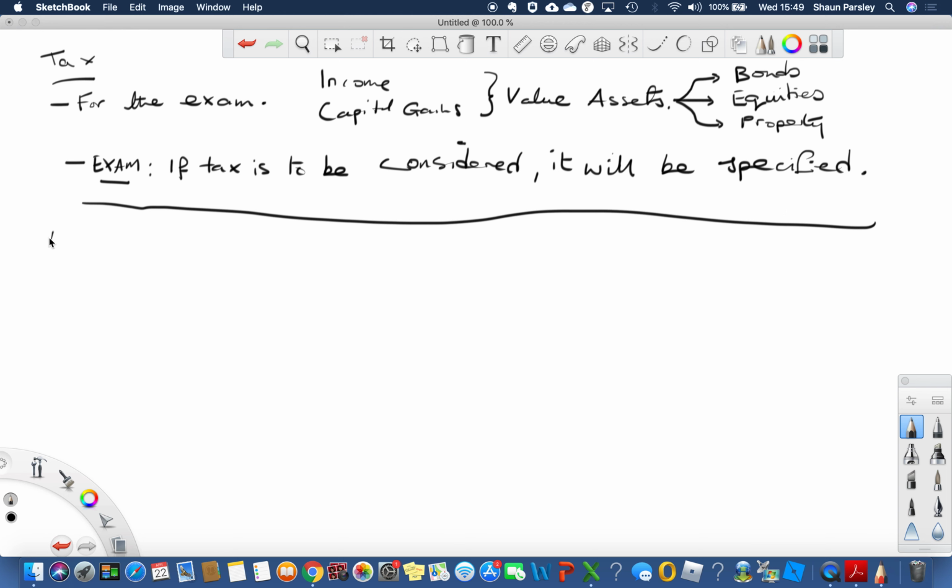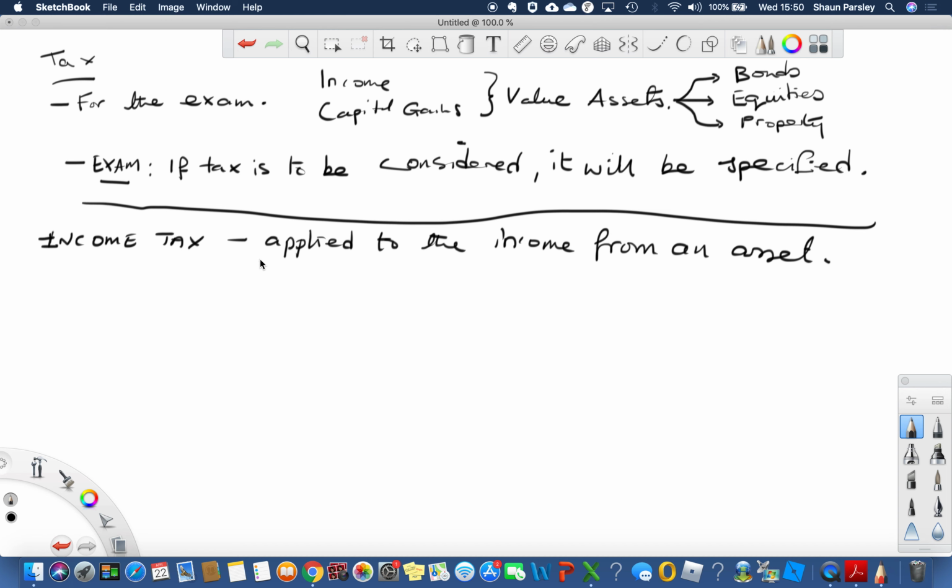Right, income, so income tax. Applied to the income from an asset.